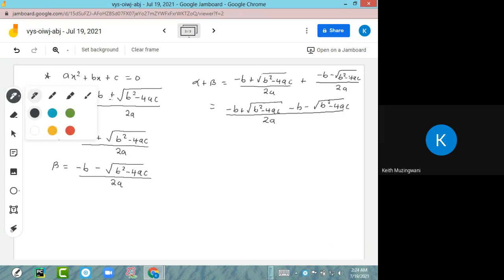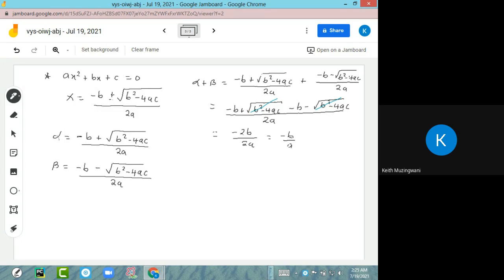Now we can see that these two pieces differ just by a sign, so they'll take care of each other. Then we remain with negative 2b over 2a, giving us negative b over a.